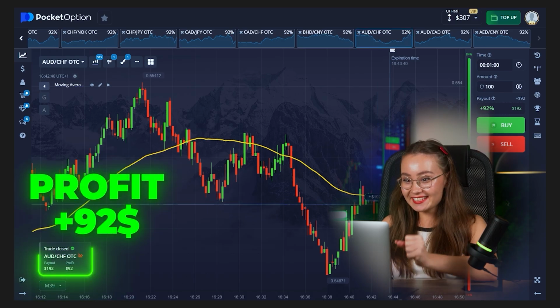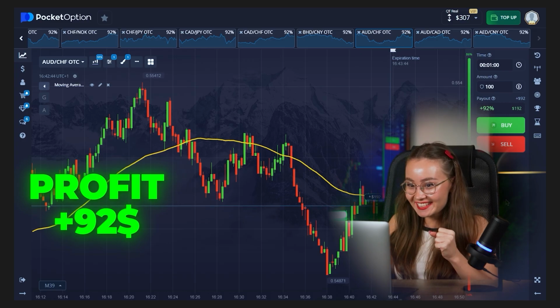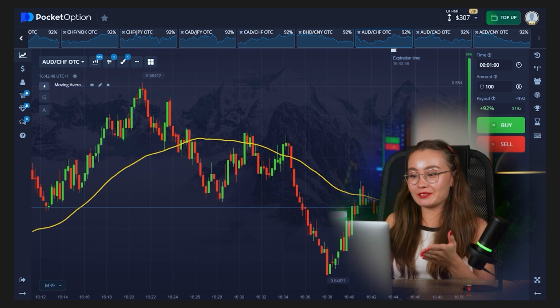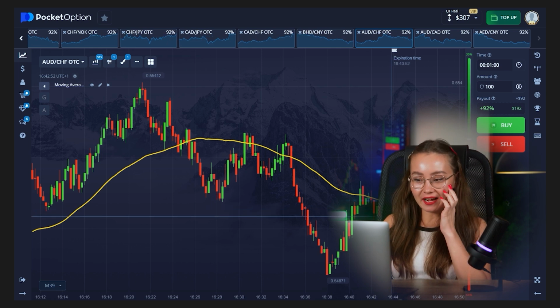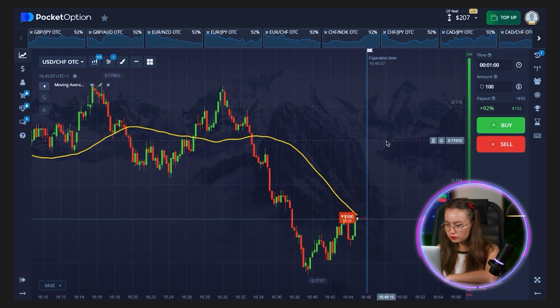Oh, yes! Fantastic! As you can see, this strategy predicts trend reversals beautifully. Yes, but it was so close. Okay, let's wait. Okay, open a short.